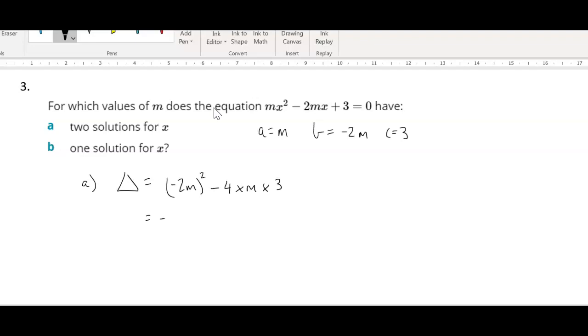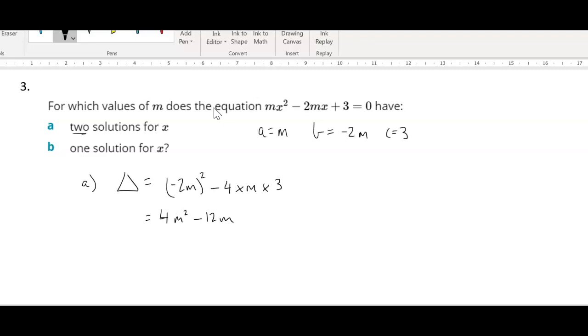All right, so let's just tidy that up. So negative 2m squared. So negative 2 squared is 4, so it's 4m squared, minus 12m.